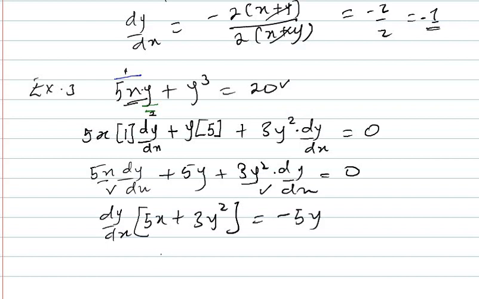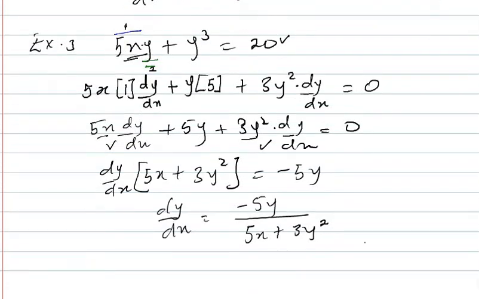Then dy/dx is equal to, by dividing both sides by the coefficient of dy/dx, minus 5y all over 5x plus 3y². So this is the final answer for this question.